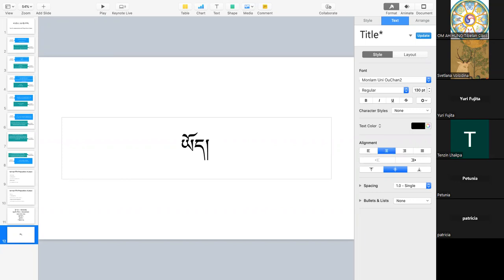We have understood that yö is also used as a word that shows that something is residing somewhere. So one usage of yö is to show that something is residing somewhere.